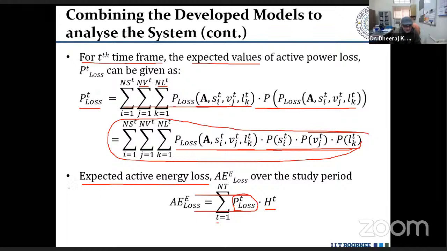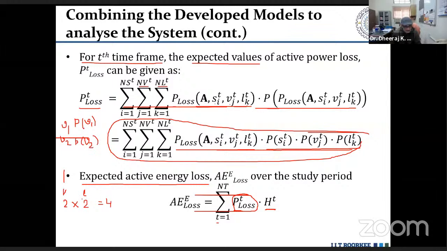So in brief, suppose we have wind speed V, we have load, we have two states for wind speed, we have two states for load. So we can have total 4 states. Correct? For wind, let us say we have V1, corresponding probability as P V1, V2, corresponding probability as P V2.